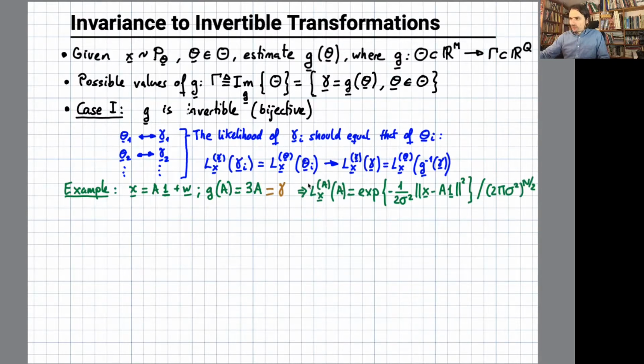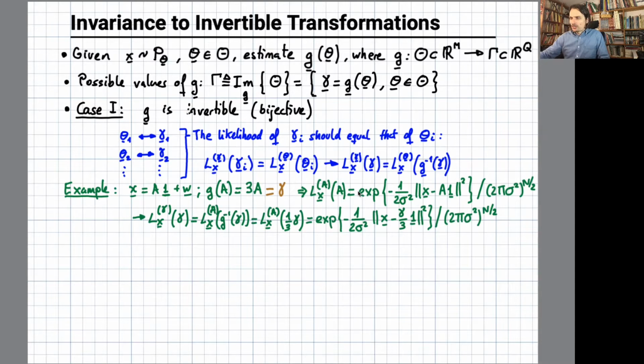The likelihood function of A is the same as we saw in the previous examples, right? And to find the likelihood of gamma, we just need to apply this equation here. We obtain that it is the likelihood of A evaluated at g inverse of gamma, right?